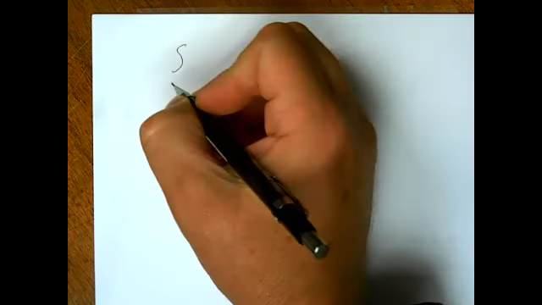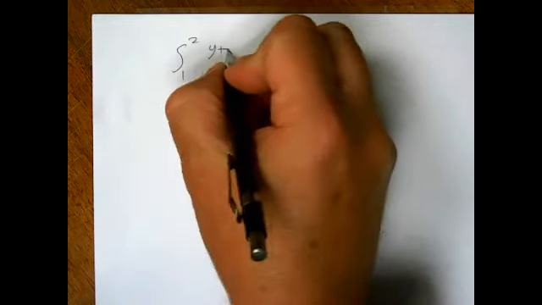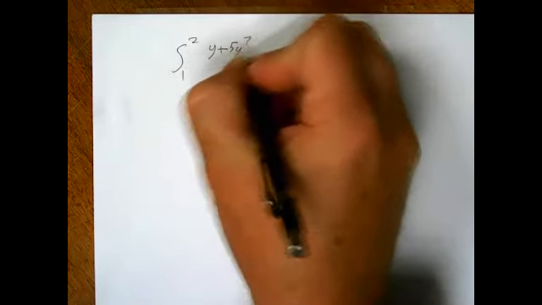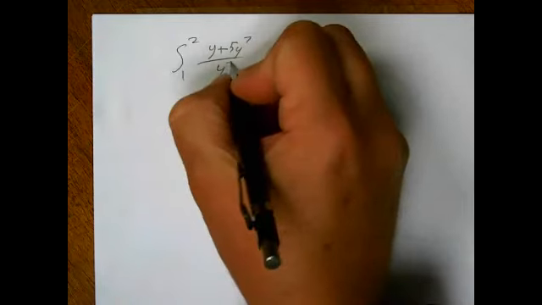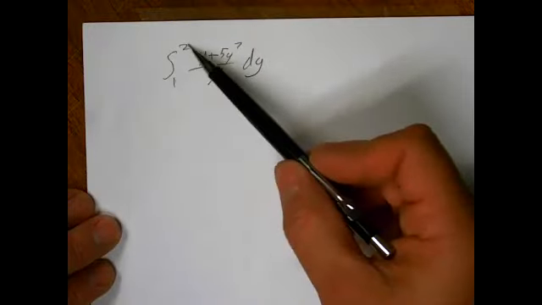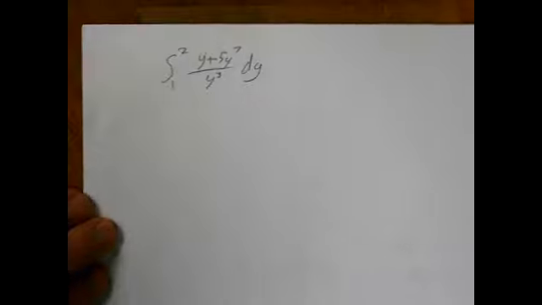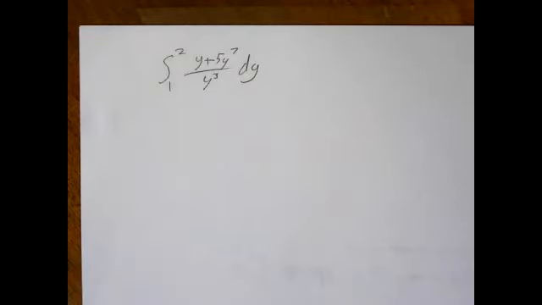For example, as soon as you finish those, you might get hit with something like the integral from 1 to 2 of (y plus 5y to the 7th) over y cubed dy. What you have to realize is that now that I have these limits of integration here, this just became a definite integral.